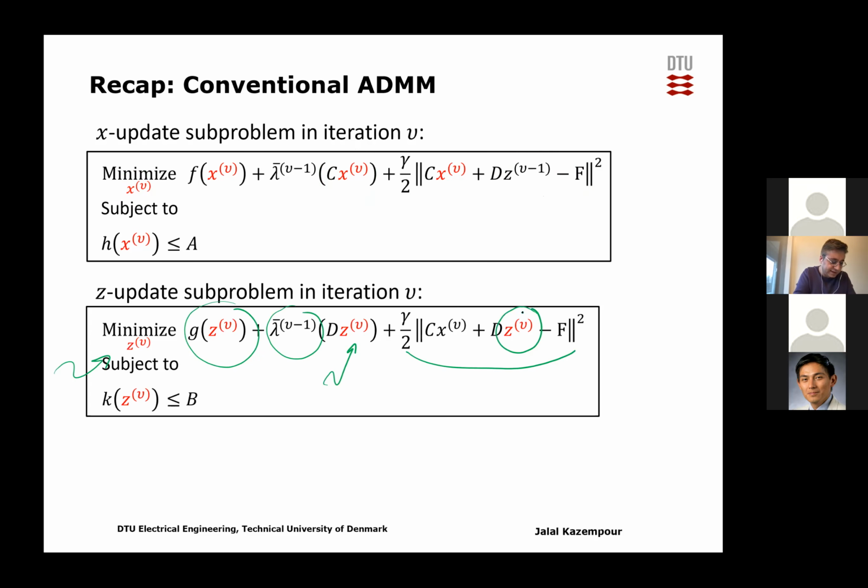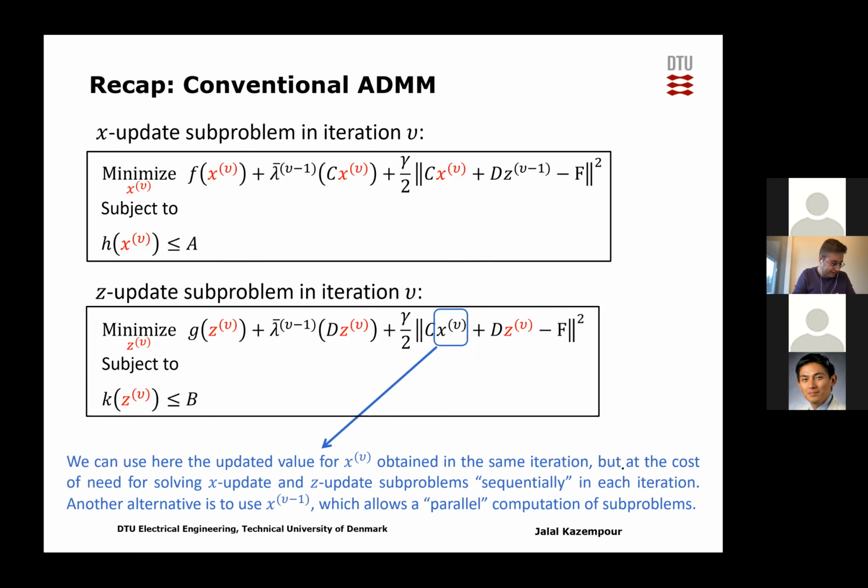Again, z in iteration new is our variable, while x now comes from the previous subproblem, but in the same iteration is a parameter constraint to our original constraint.